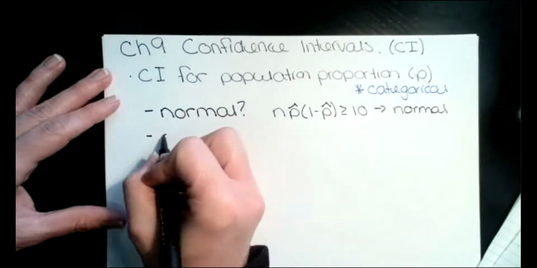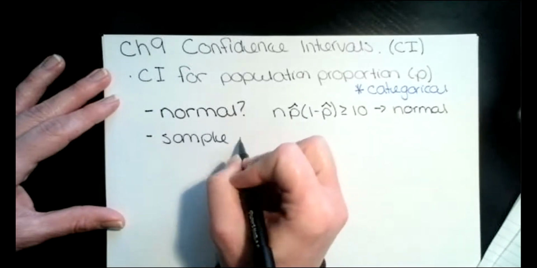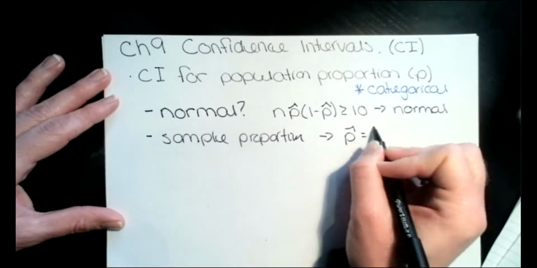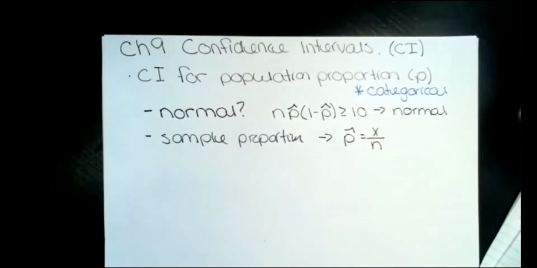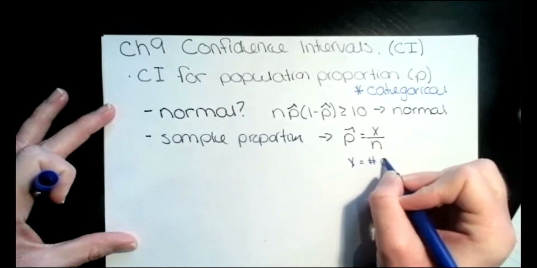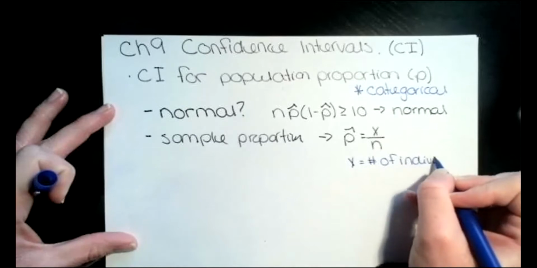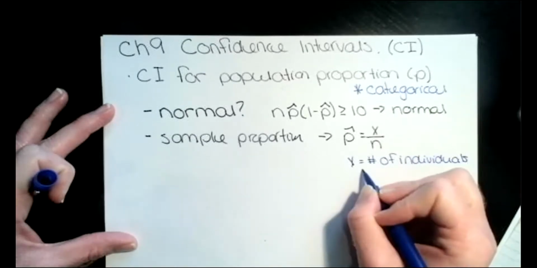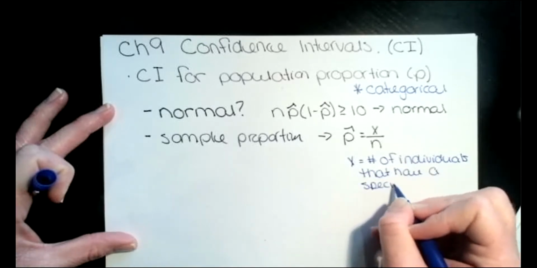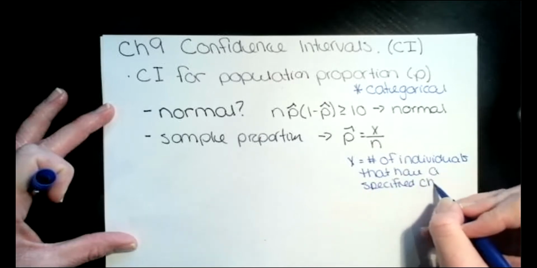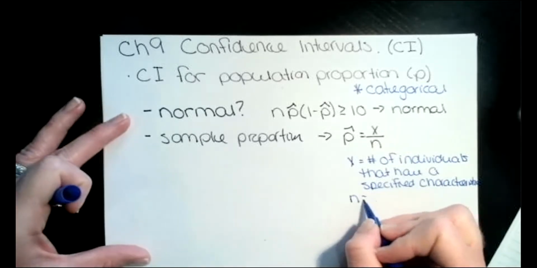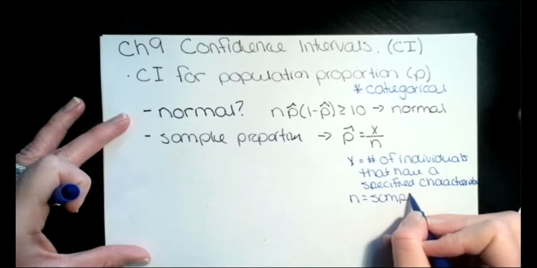The sample proportion, which is P hat, is equal to X divided by N. Now, X is the number of individuals that have a specified characteristic and N, again, is my sample size.